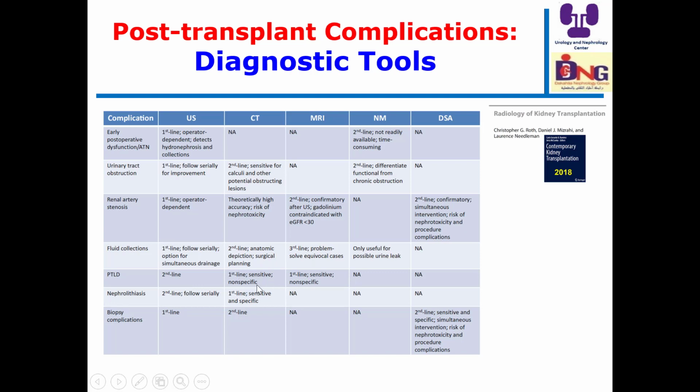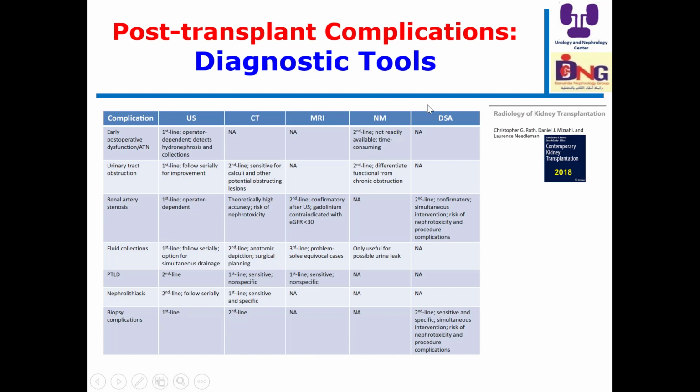CT scan, PET scan, and MRI are the first line for diagnosis of PTLD. For nephrolithiasis, the first line is CT scan because it picks up stones. For biopsy complications, if the patient presents with a complication after biopsy, the first test to be used is ultrasound.